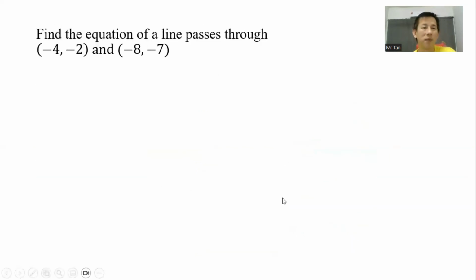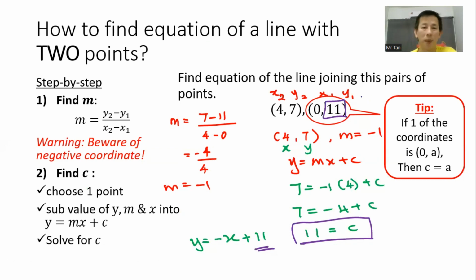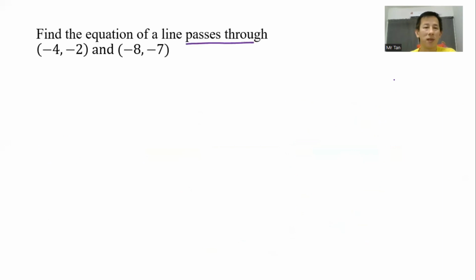Now let's try this. Find the equation of the line passing through these 2 points. If you look at the question, now they use the words pass through. Just now they said joining the pairs. Read the question. So first, to find the gradient, we use m = (y2 - y1) / (x2 - x1).